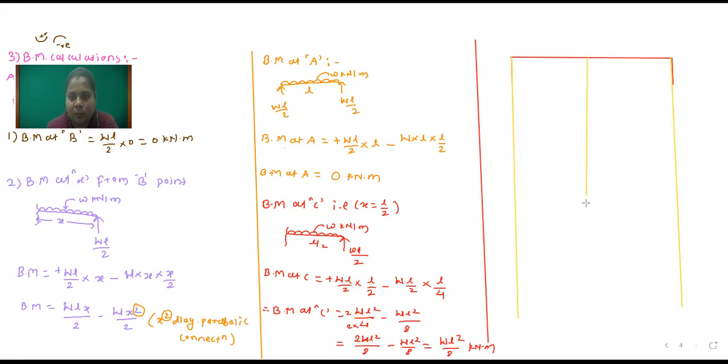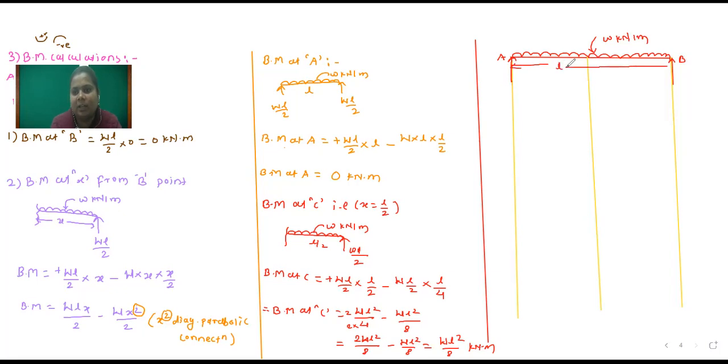This is central point C. So this is our A point. This is B point, and on that AB span, one uniformly distributed load W kilonewton per meter is applied, and the span is L meter.